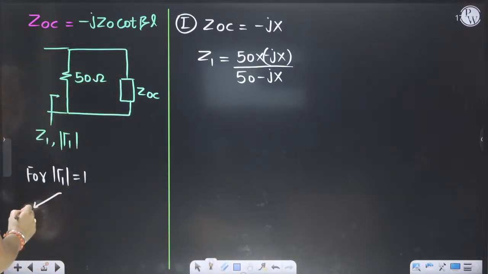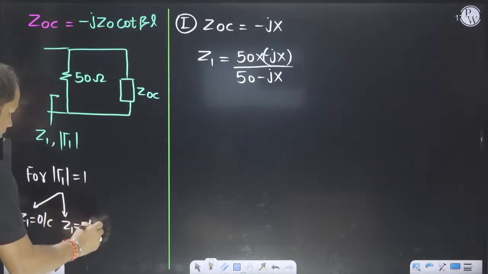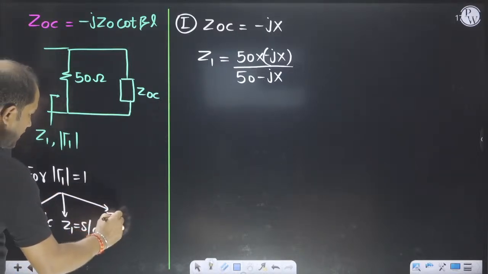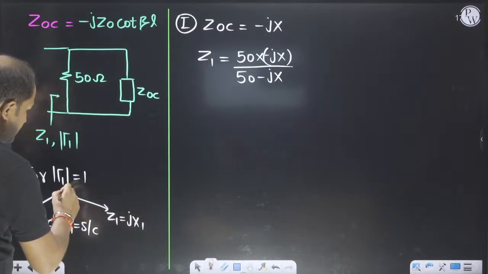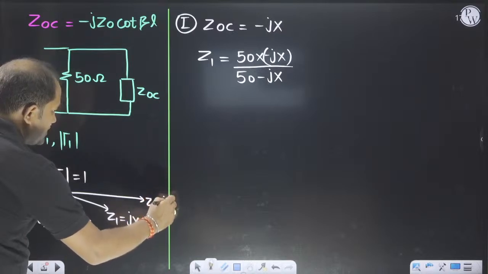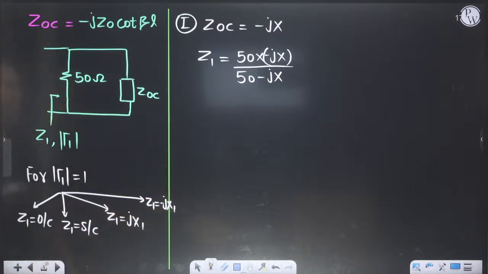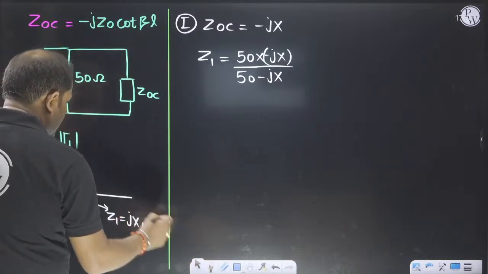What are the 4 cases for Z1? Z1 will be open circuit, Z1 will be short circuit, Z1 will be purely inductive, and Z1 will be purely capacitive. In this case, the magnitude of reflection coefficient will be 1. So here, nothing like this case.